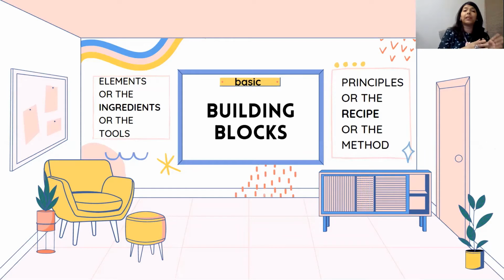The elements mean the ingredients or the tools, and the principles are the recipe or the method. As simple as that. So you need the elements, the ingredients, to make your design, and you need to know how you will combine these ingredients. You have the ingredients, but you don't know how to combine them. So those are the principles of the design.